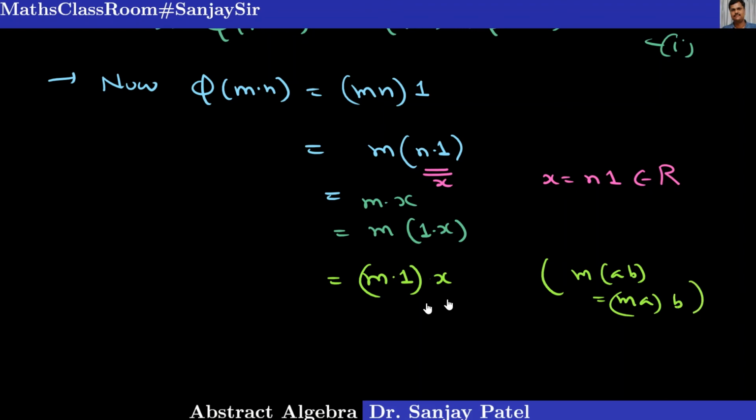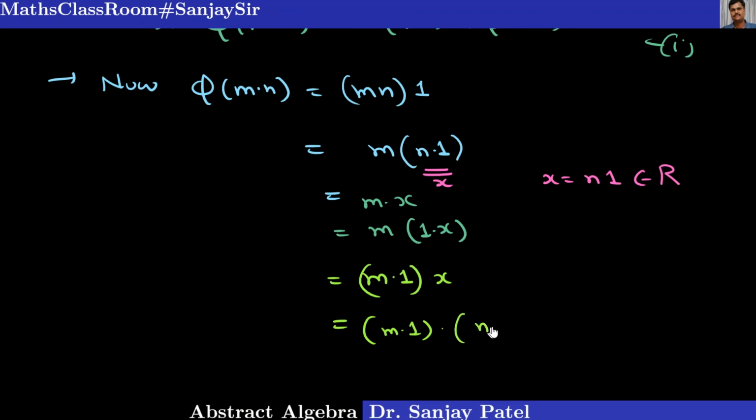So we are using such properties from our earlier lectures. So this is equal to m into 1 into x, and x is n into 1, because x is equal to n times 1, and this is nothing but phi of m, and this is phi of n.